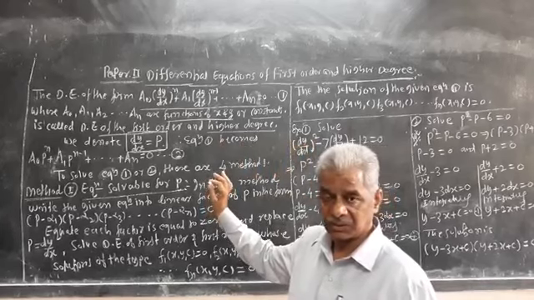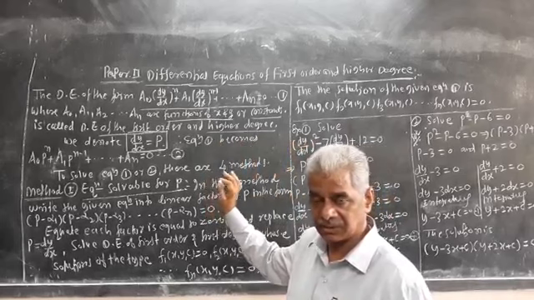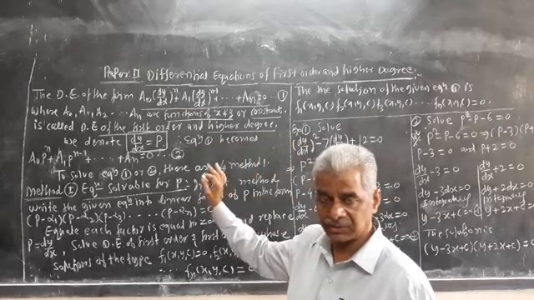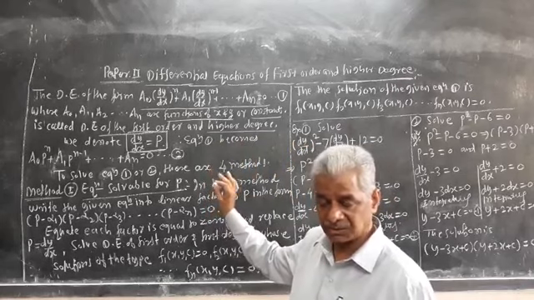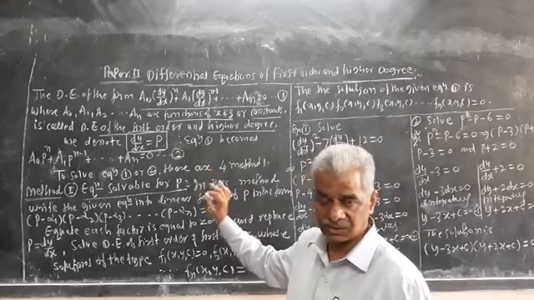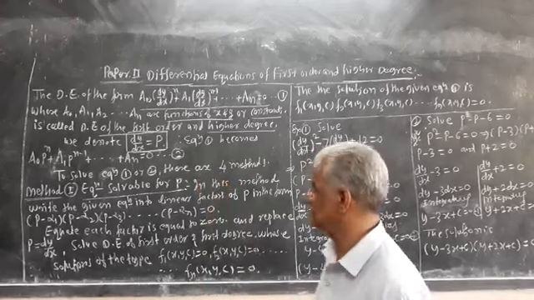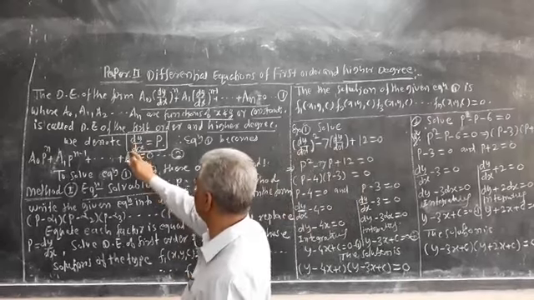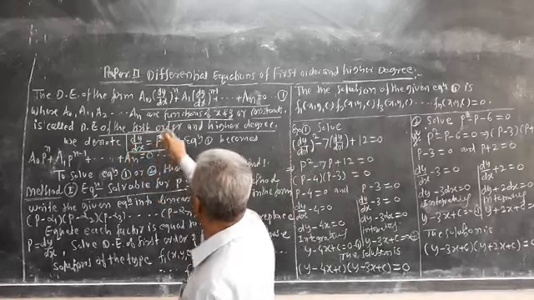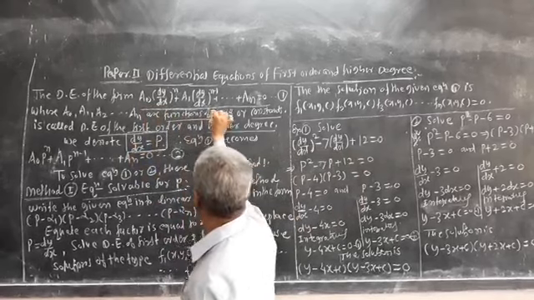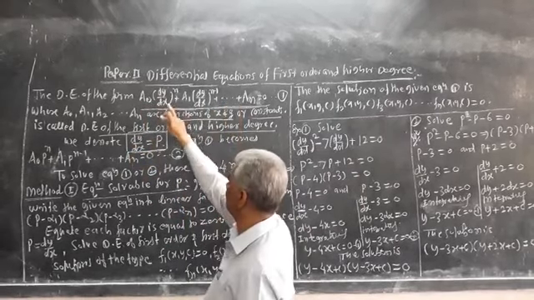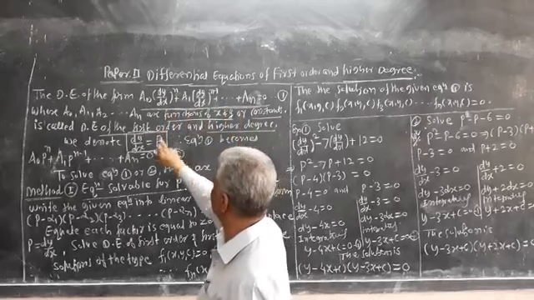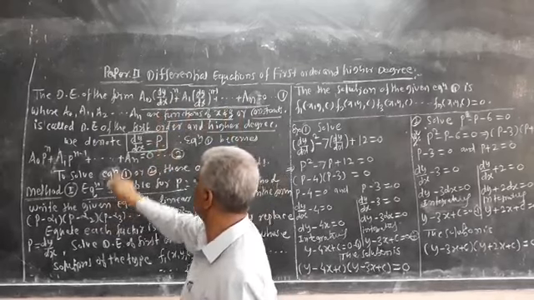This is the standard notation: p is equal to dy by dx. By considering dy by dx equal to p, whatever equation we have in terms of dy by dx, we can write it in terms of p.